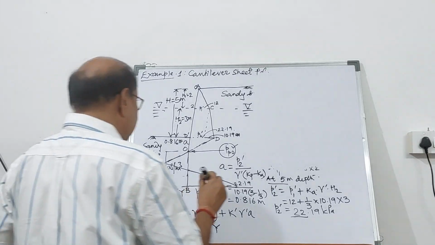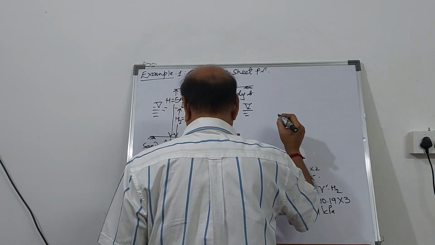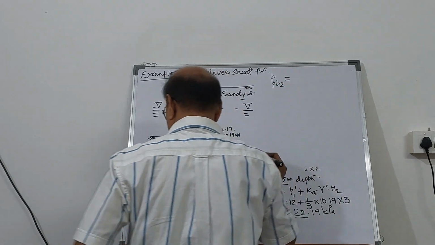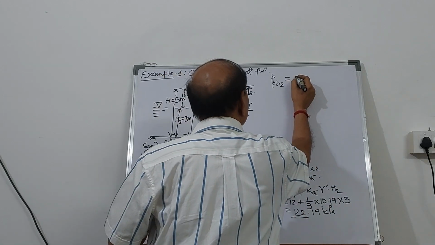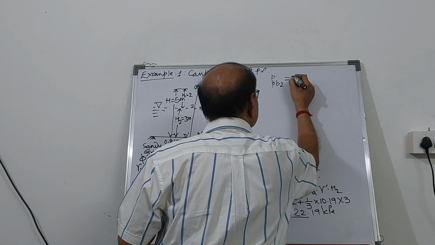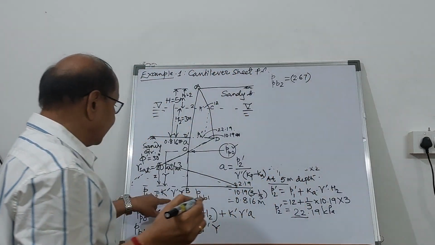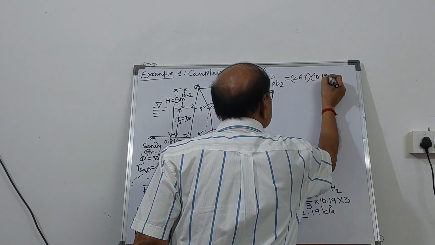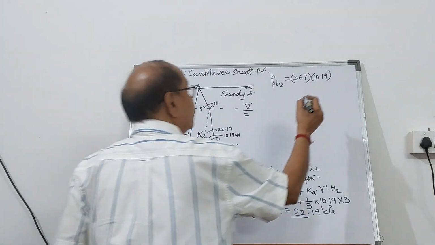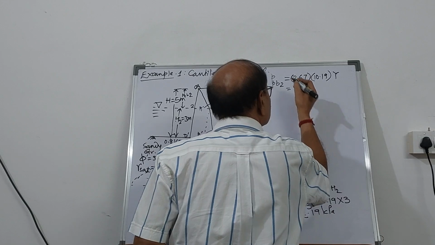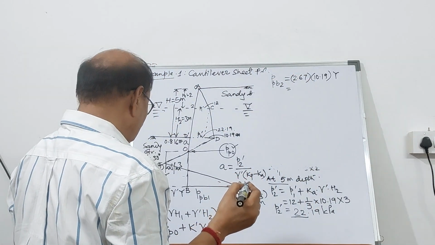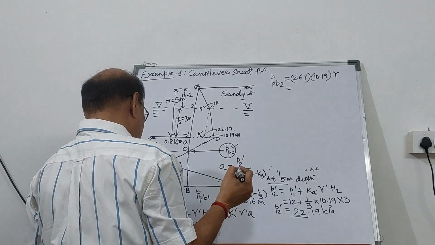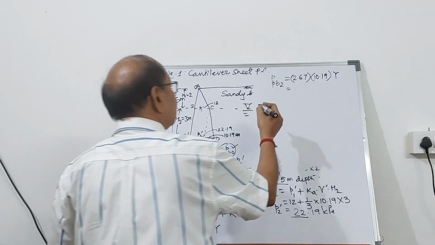If you want to calculate this value of PPB2, it is going to be K prime, which is 2.67, multiplied by gamma prime, which is 10.19, multiplied by Y. So you can calculate this in terms of Y. And PPB1 depends upon PPO, so let's calculate PPO.